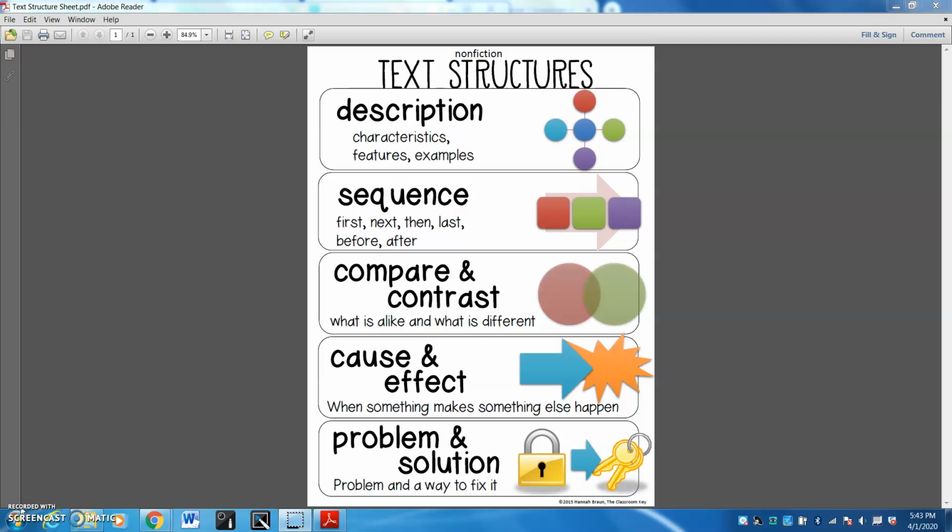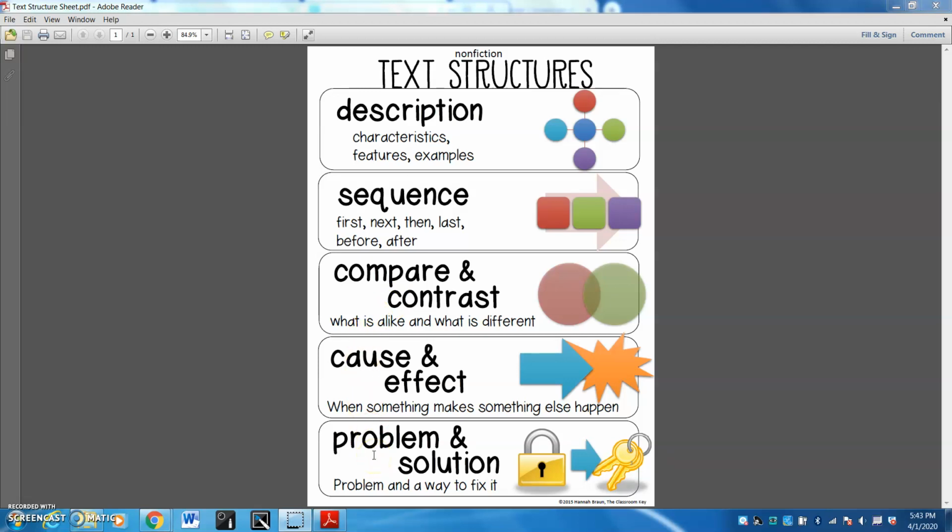So if I look at my text structures, I know it's definitely not sequence because I didn't see first, next, then last. I didn't see compare and contrast because I didn't see anything that was being compared. I didn't see two topics and see if they were similar or see if they were different. And I really didn't see a problem.